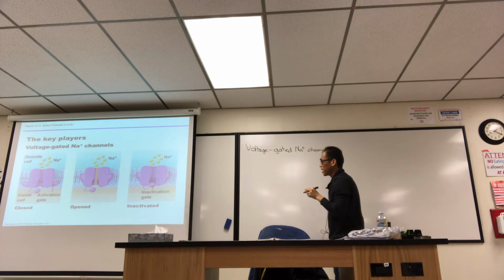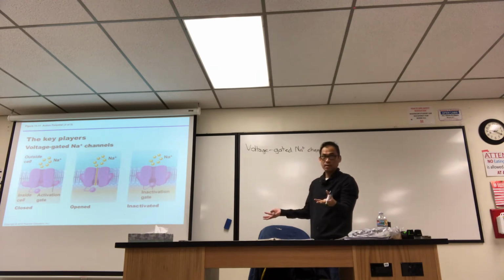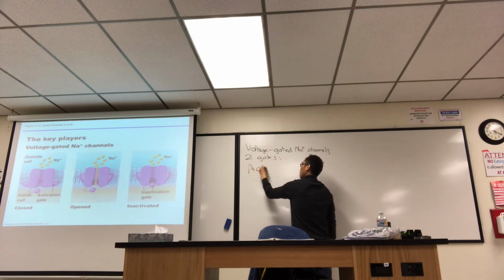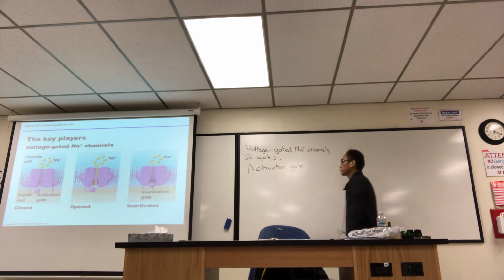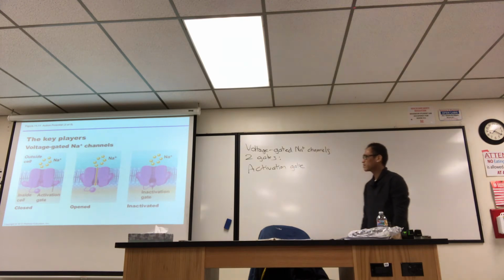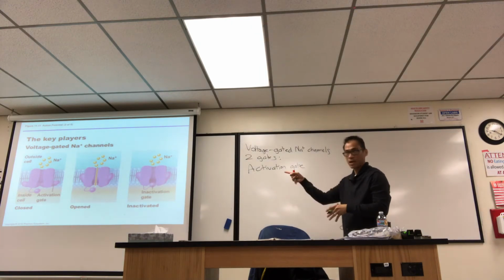For all voltage-gated channels, it's a change in voltage that opens the gate. That's how they're gated. They have a gate. The gate's usually closed. These channels have two gates. There's an activation gate, and there's an inactivation gate, the ball and chain.